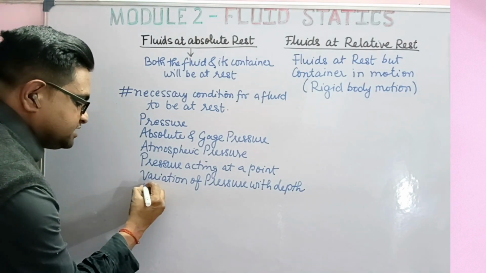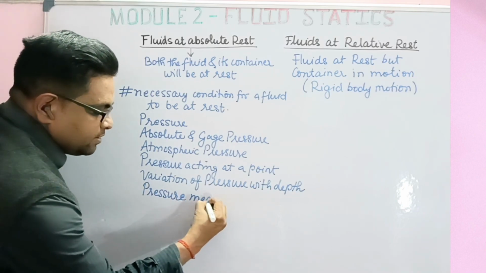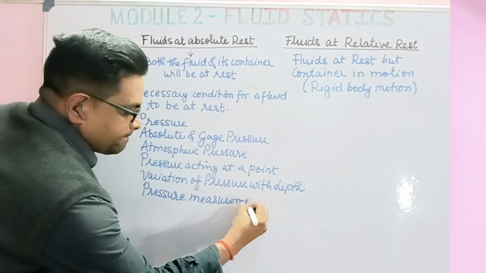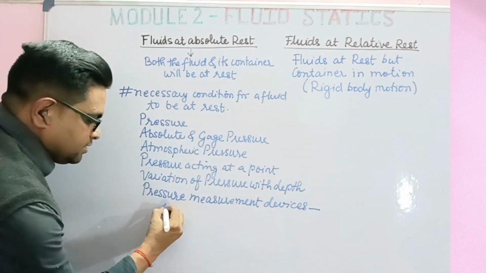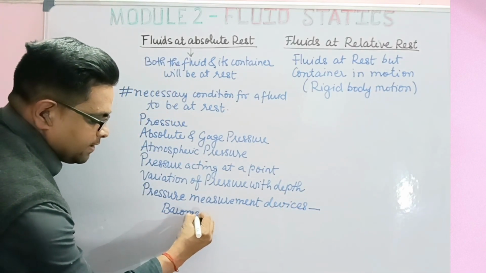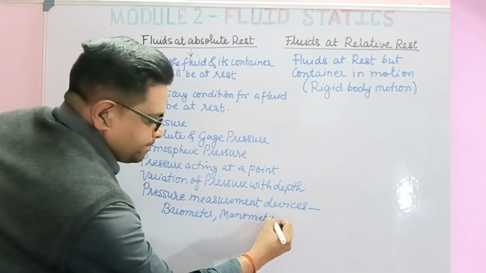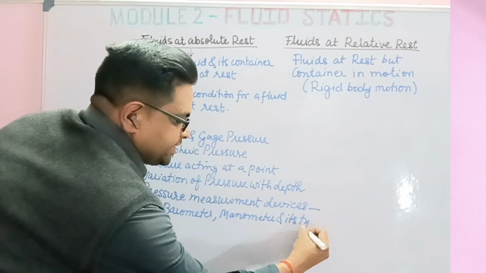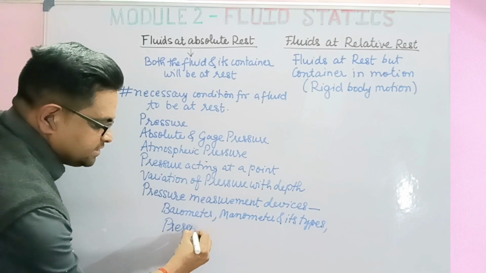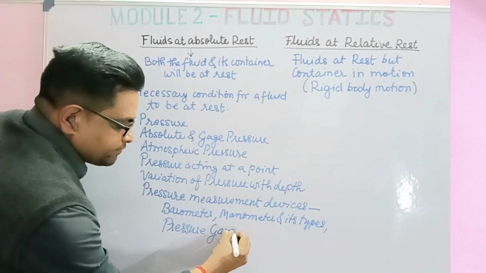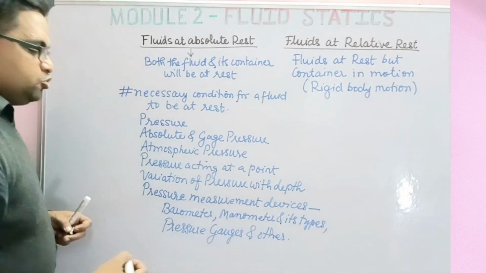Thereafter, we will see the various pressure measuring devices. So, pressure measurement devices, which shall include the barometer, manometer and the various types of manometers. Then we will have a discussion on pressure gauges and some other methods to measure pressure.